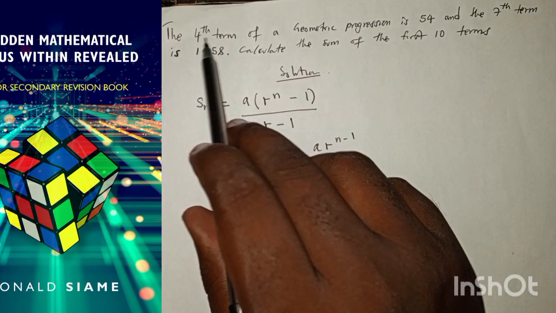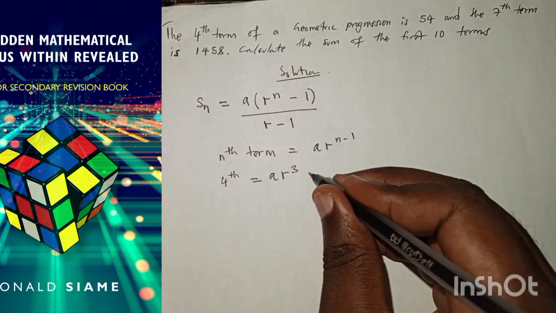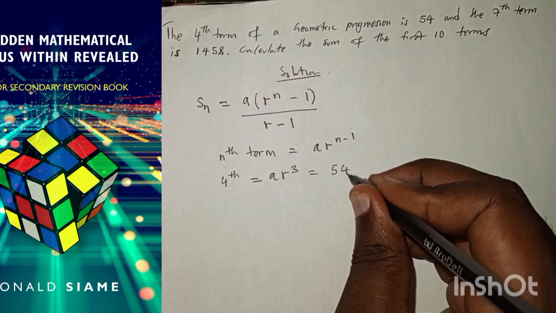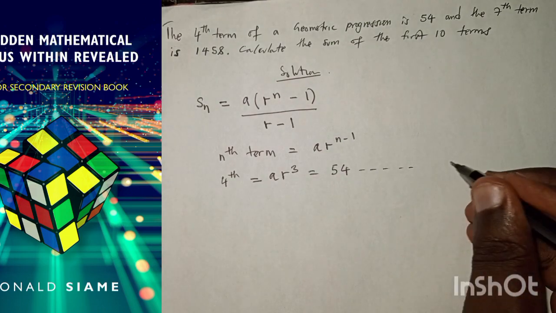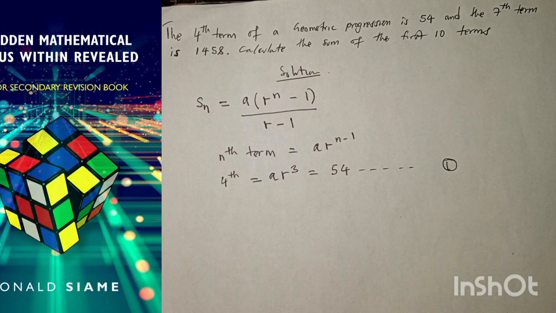We are told that the fourth term is 54, so A r cubed equals 54. This will be our equation 1.